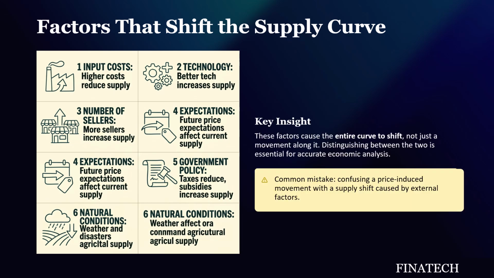Key insight: these factors cause the entire curve to shift, not just a movement along it. Distinguishing between the two is essential for accurate economic analysis. Common mistake: confusing a price-induced movement with a supply shift caused by external factors.